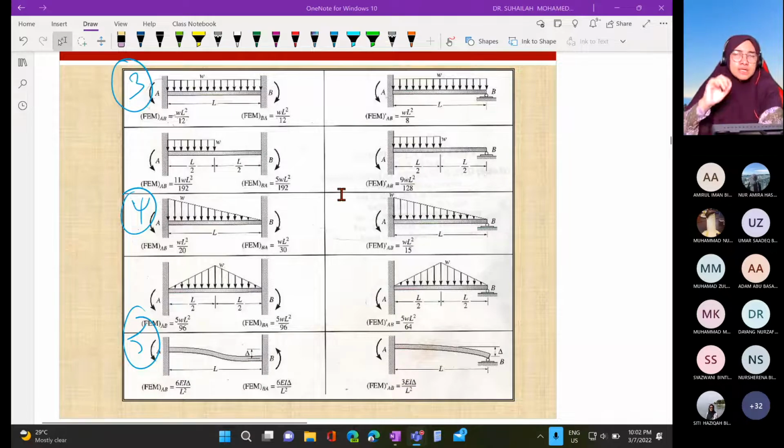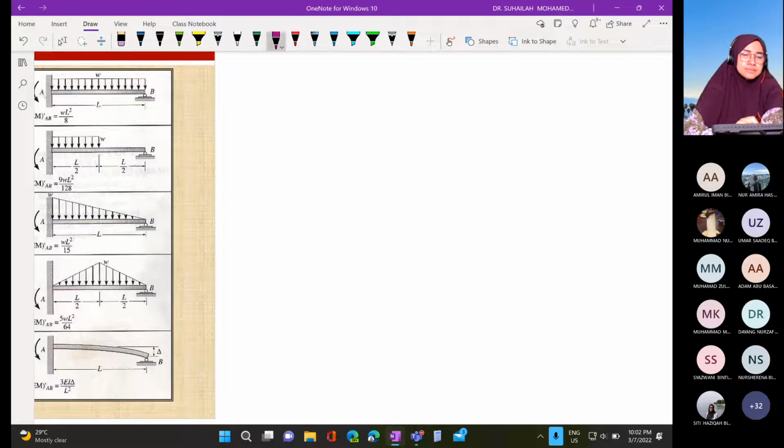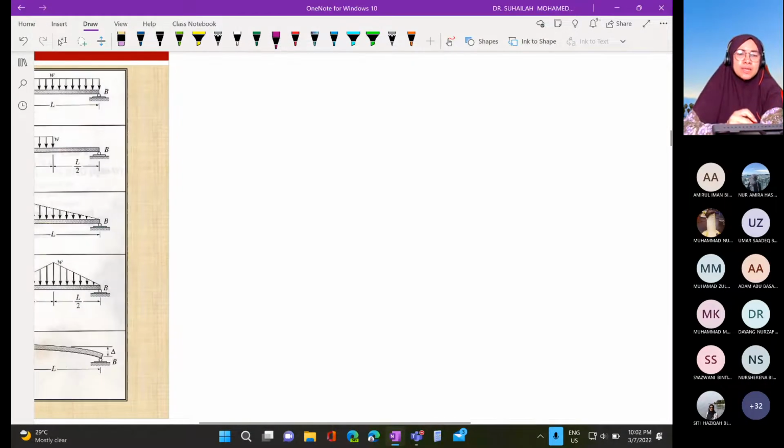Okay, saya terus introduce sekali yang FEM due to side sway ni, due to support settlement ni, due to delta. Always remember that fixed end moment ni dia behavior. So kalau due to delta, dia akan dapat macam ni.